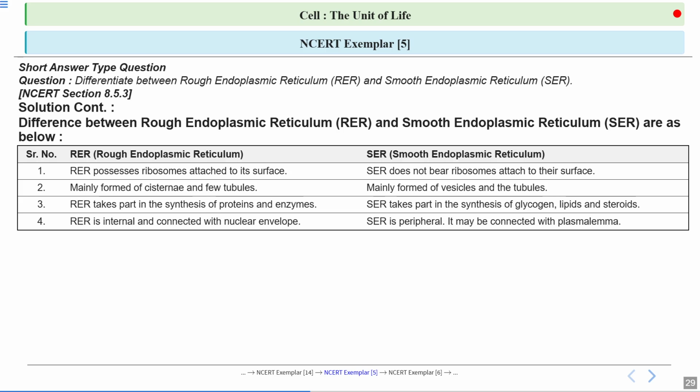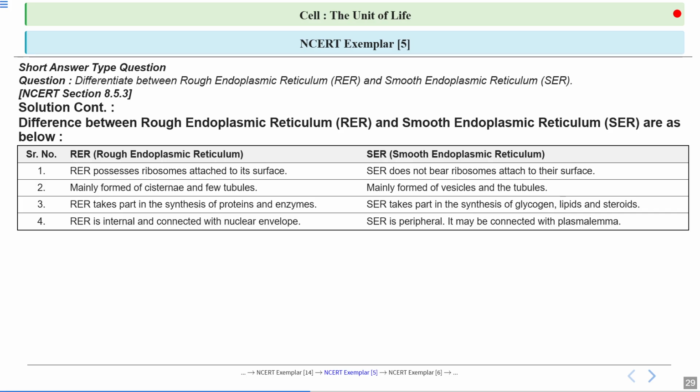Next, third difference. RER takes part in the synthesis of protein and enzyme because the ribosomes are attached to it. So they will make protein, right? And SER, smooth endoplasmic reticulum, takes part in the synthesis of glycogen, lipids, and steroids. Steroid means there are many hormones that are steroid based.